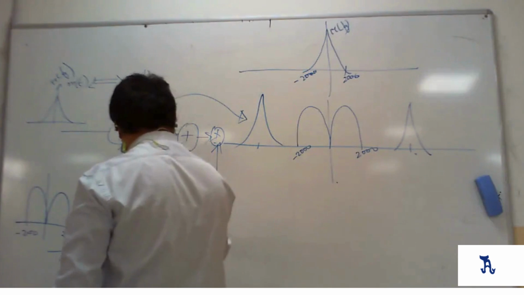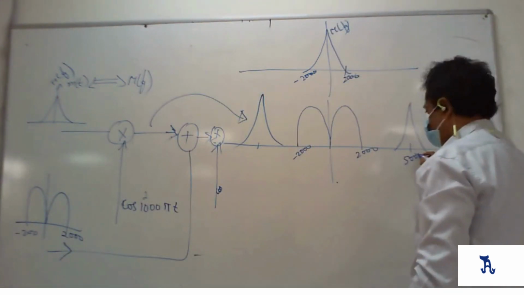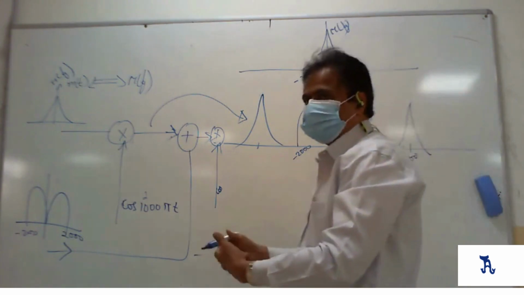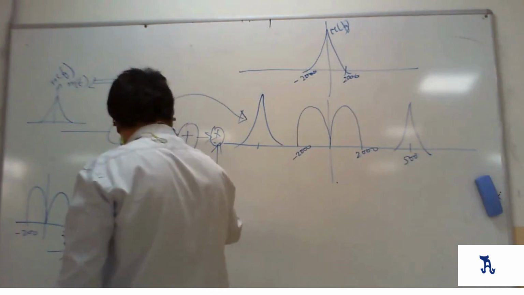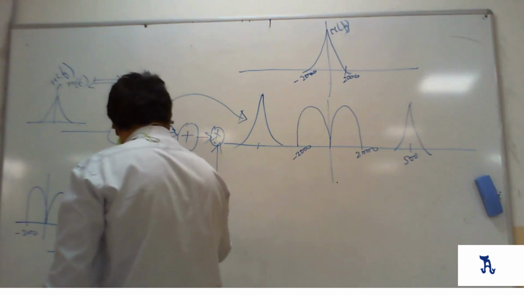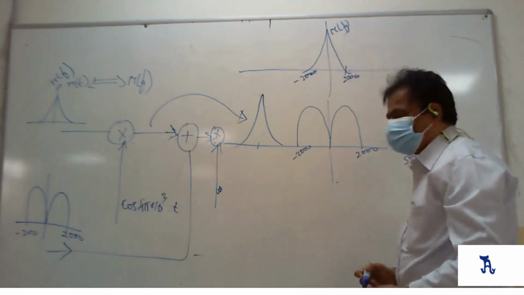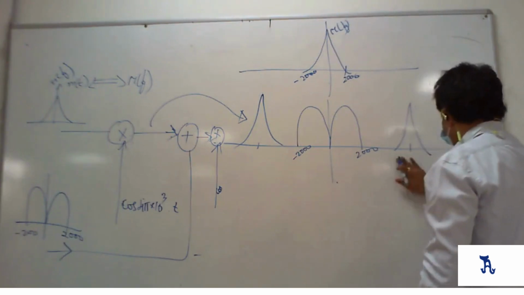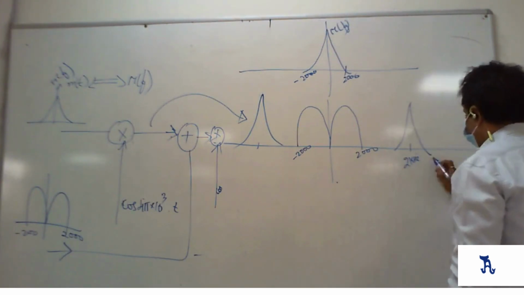This is 2 pi, how much hertz? 500. We will keep some high frequency, right? Instead of 10,000, I will make it 4 pi into 10 to the power of 3. That means 2 kilohertz, right? So this is 2 kilohertz. Okay. Now can you tell me what is this?